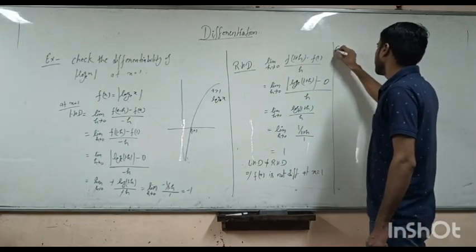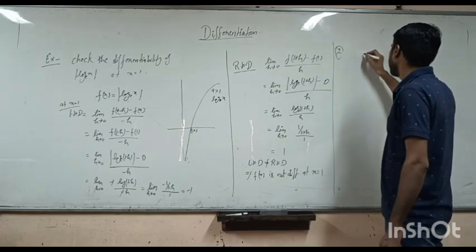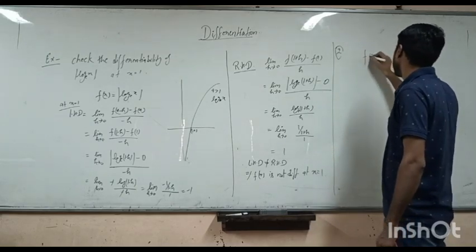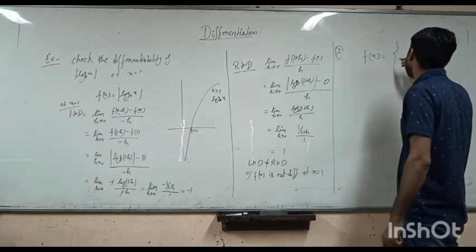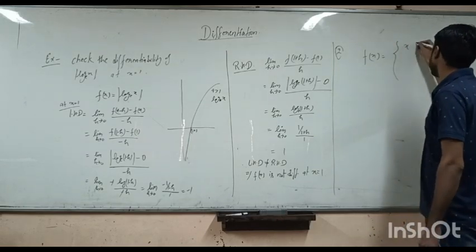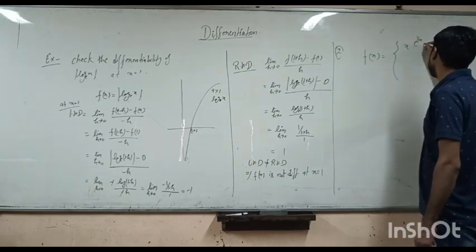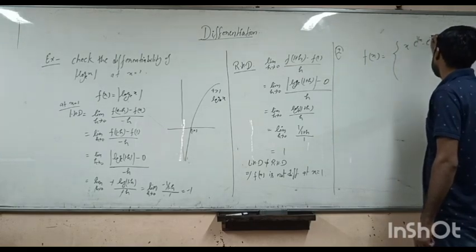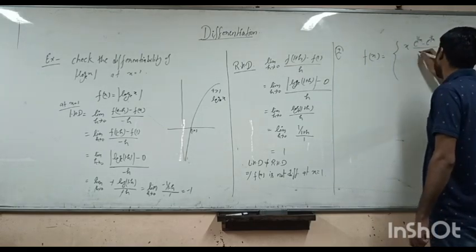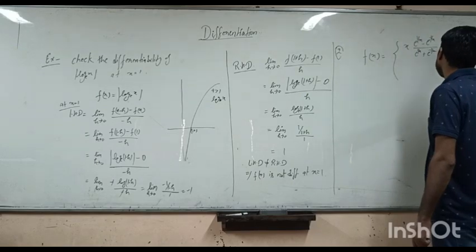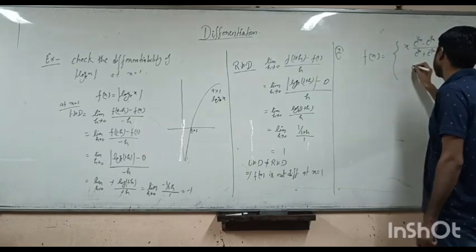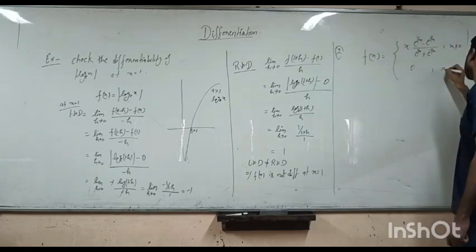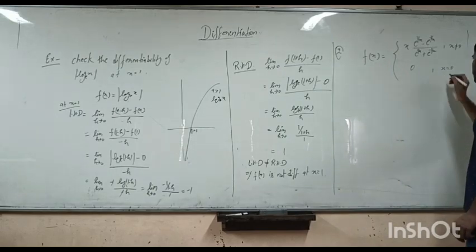Now we will see another question. This is a very important question. A function is given: x times (e to the power 1 by x minus e to the power minus 1 by x) divided by (e to the power 1 by x plus e to the power minus 1 by x) when x is not equal to 0, and 0 if x is equal to 0.